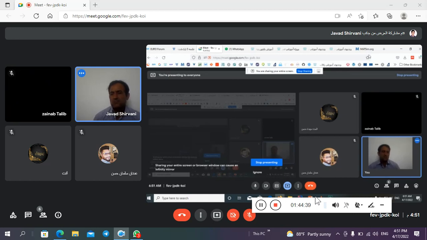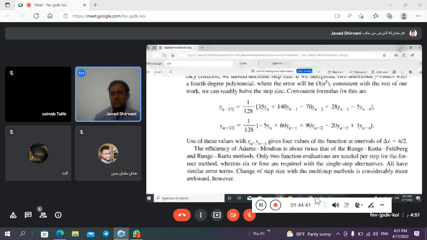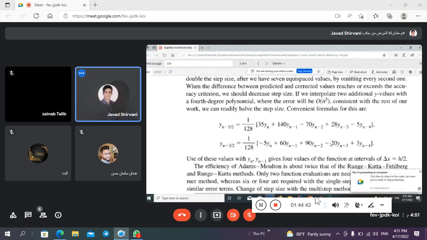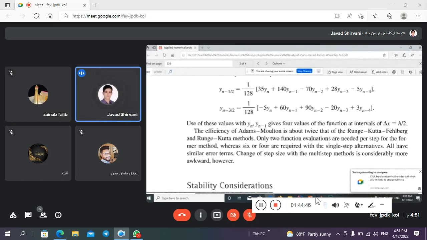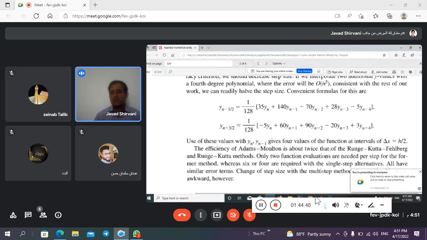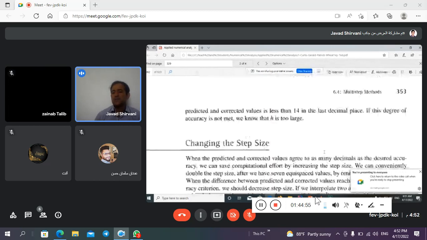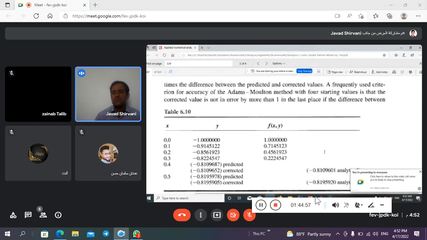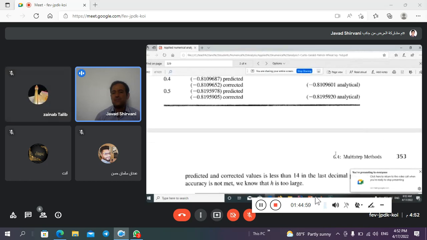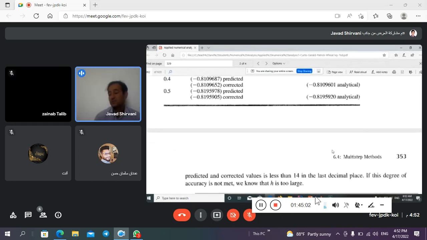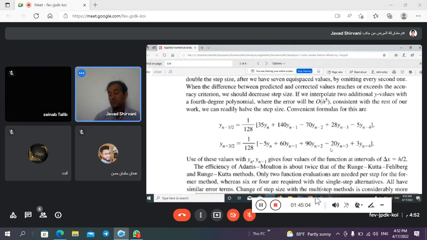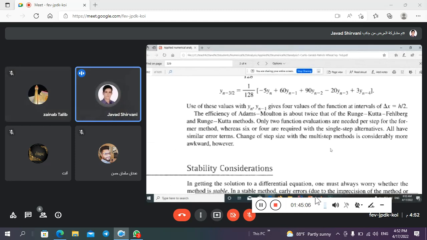Then the efficiency of Adams-Moulton is twice that of Runge-Kutta. It means that the Adams algorithm is twice as fast as the Runge-Kutta algorithms, but it may get us a less accurate solution.